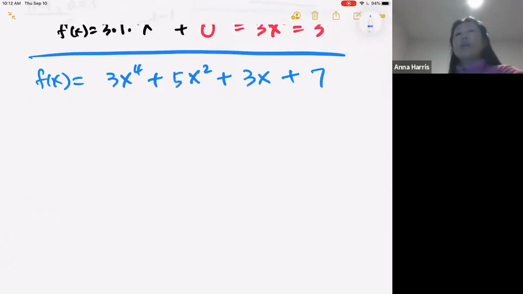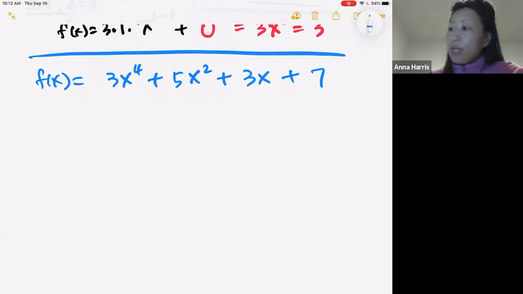Okay, this is what I have. Let's take the derivative of this. If I do the limit process, it will become a very long problem, but I'm just going to use the constant rule and the power rule.